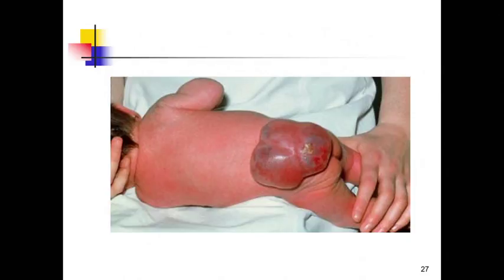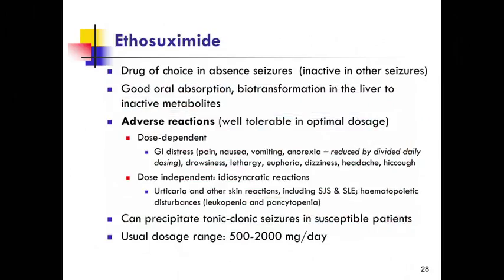The other ones, just add folic acid and just hope that nothing happens. Ethosuximide for absence. The adverse effects are tolerable. Most of them are GI distress, even if you titrate from a low dose.